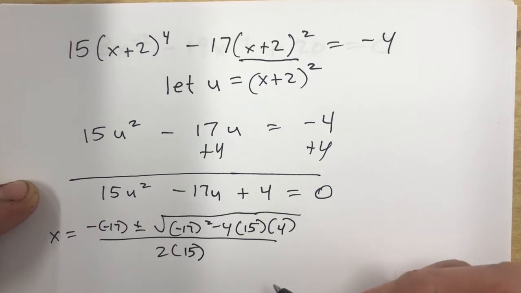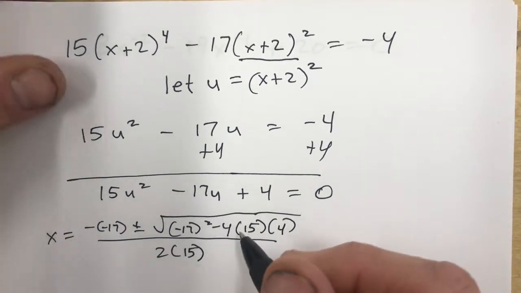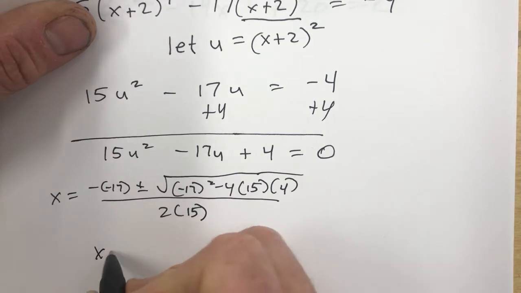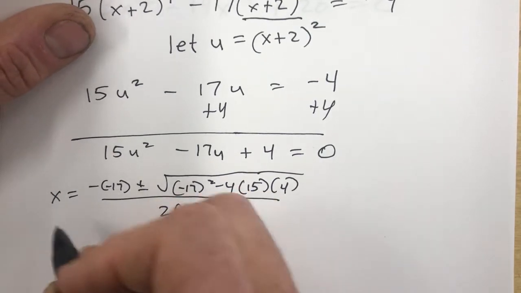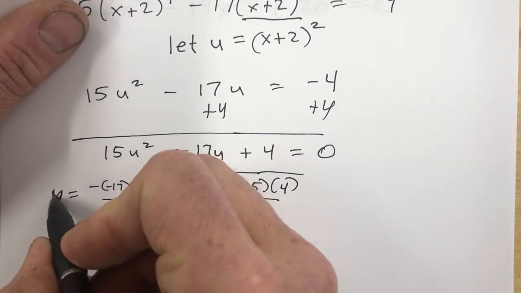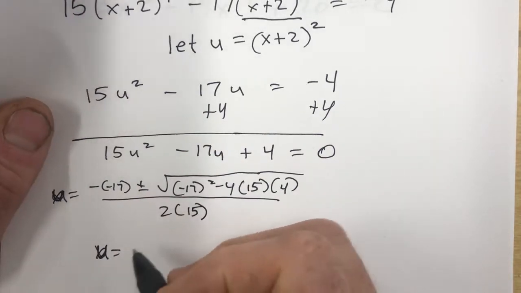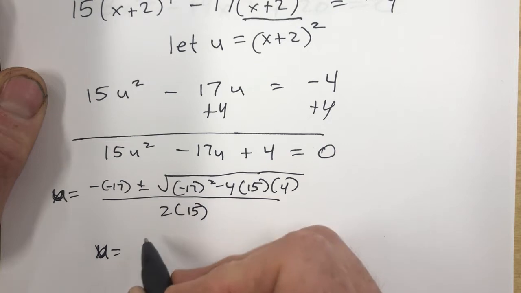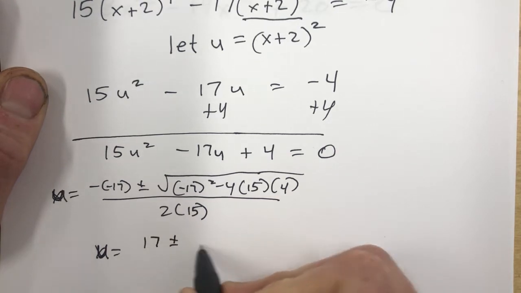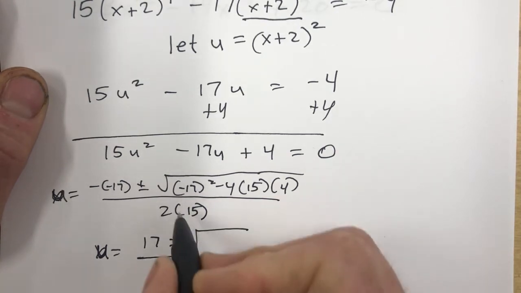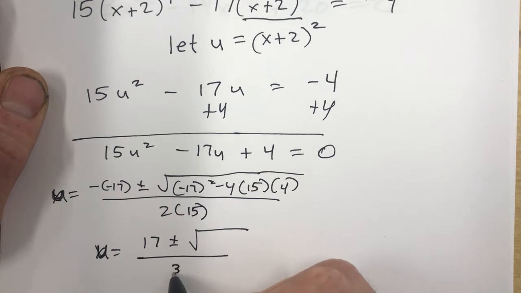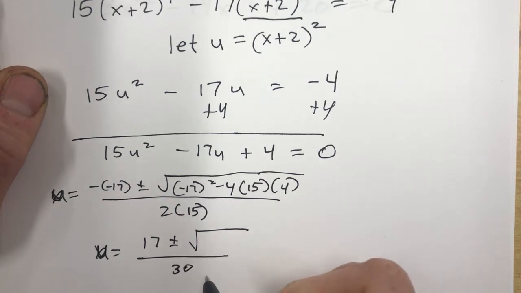All right? And that means x is going to be, I'm sorry, this is u, not x. We're just solving for u here. So this is going to be a positive 17 plus or minus. And my radical down here, I've got 2 times 15, which is 30.